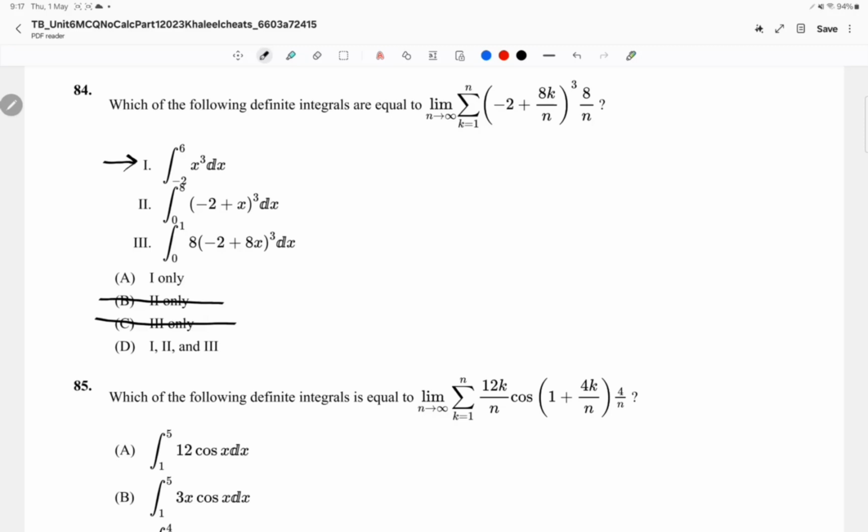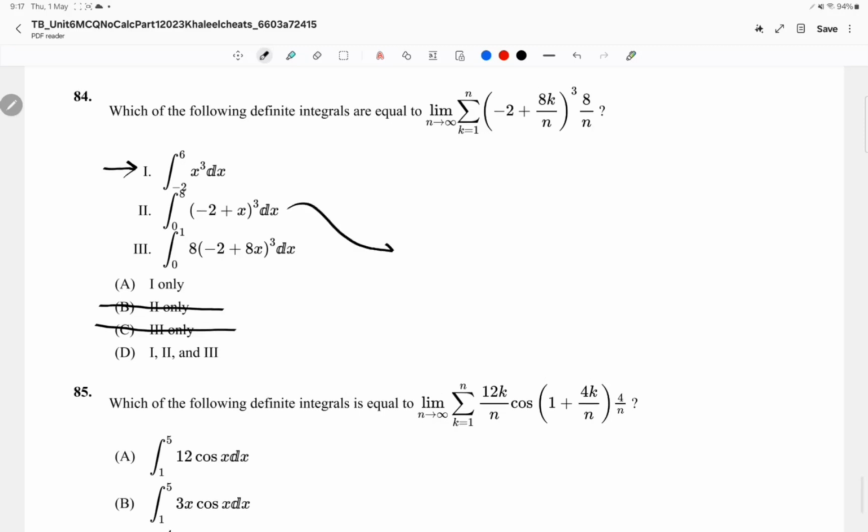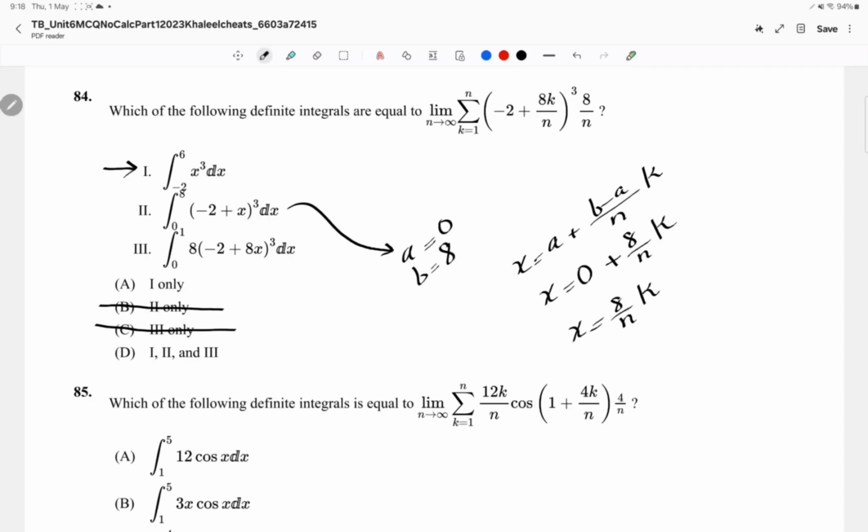So here, assuming that choice 2 is correct, the a would be 0 and the b would be 8. So what's going to happen is the x term is equal to a plus b minus a over nk, which means x is equal to 0 plus 8 over nk. Okay, which means x is equal to 8 over nk.